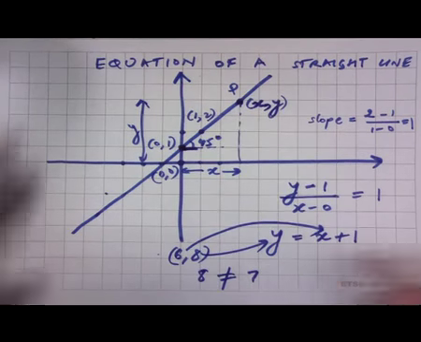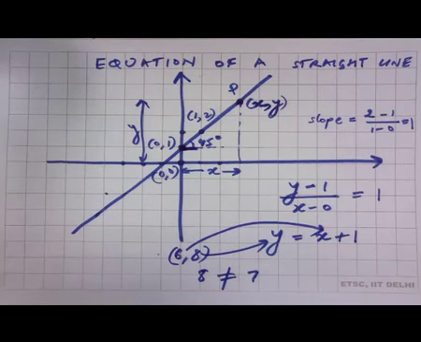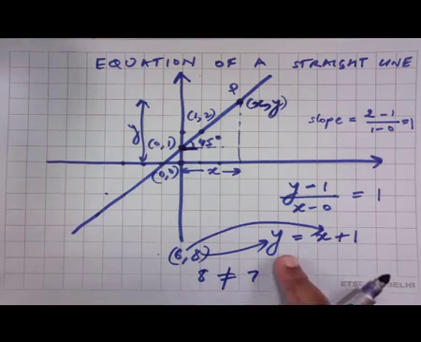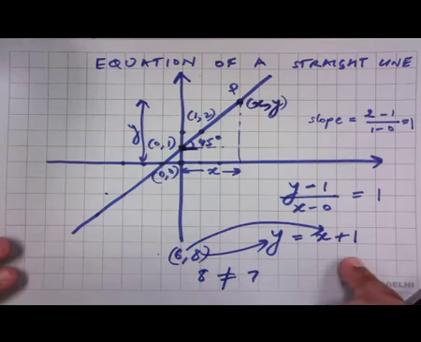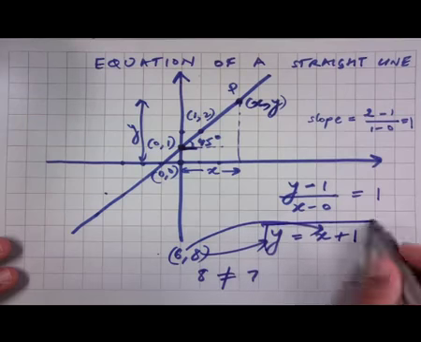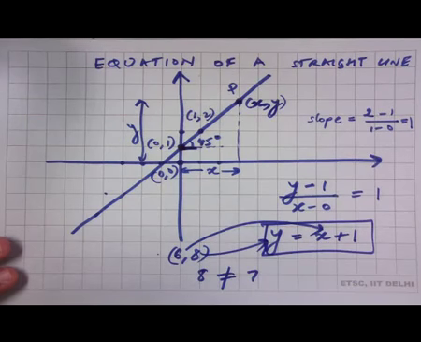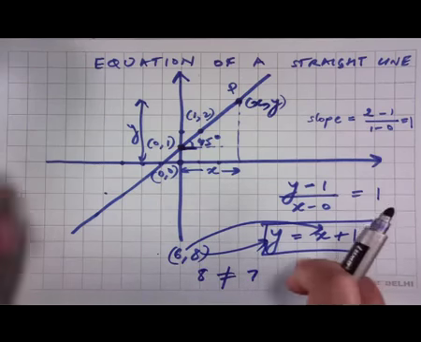Now for the case of the circle, our objective is to get a similar characterization, or some kind of rule like this, which the coordinates of any point on the circle must satisfy.